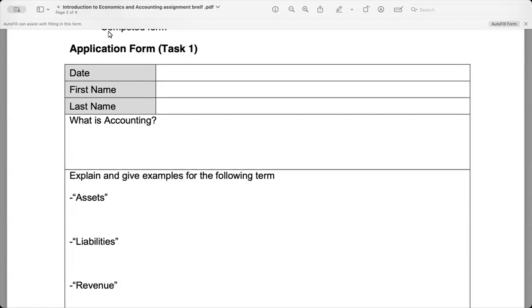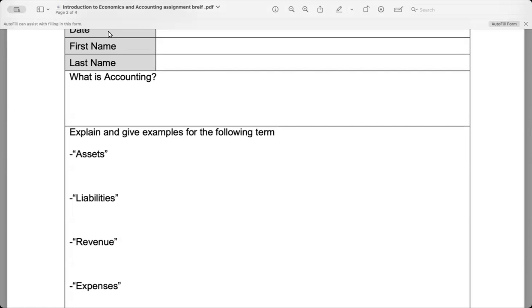Explain and give examples for the following terms: assets, liabilities, and other key accounting terms.